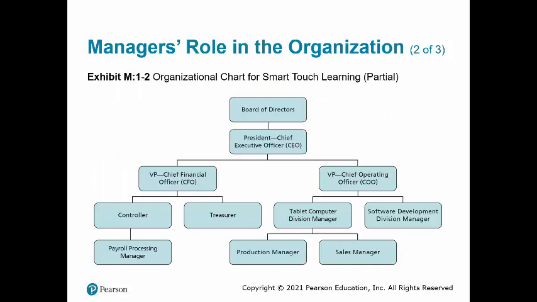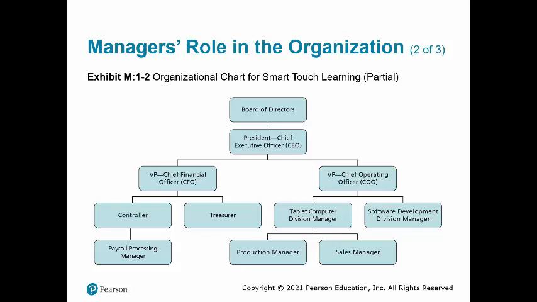So this is an organizational chart for that fictitious company that we've been using throughout our study of financial accounting, and now we're going to use them in managerial accounting, and that is Smart Touch Learning.